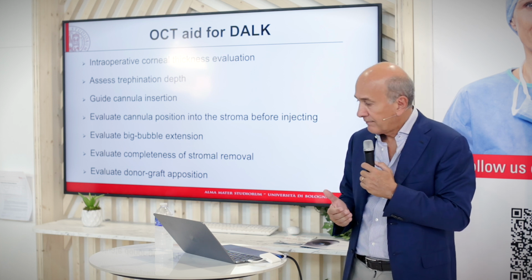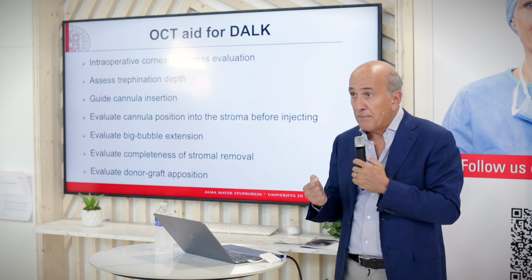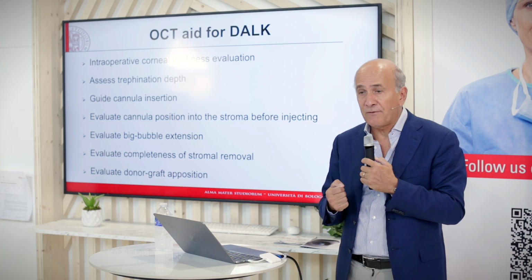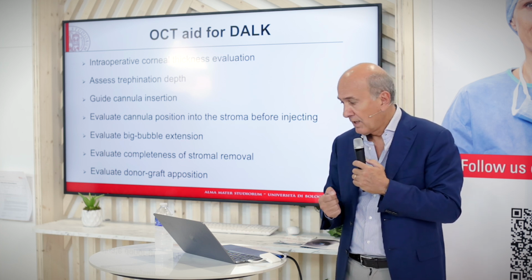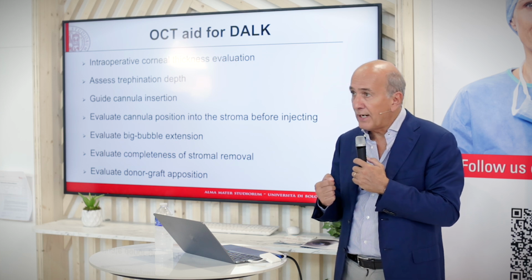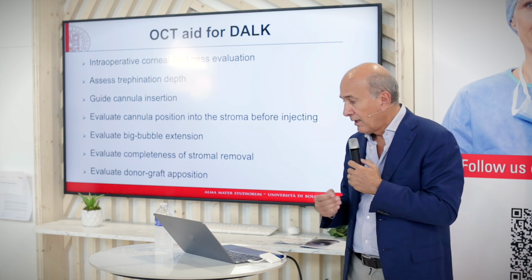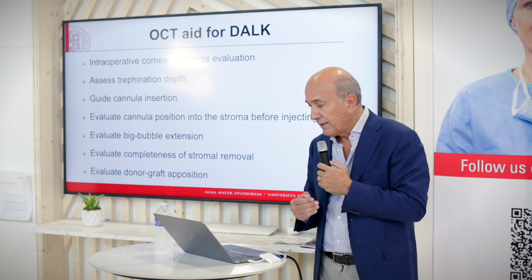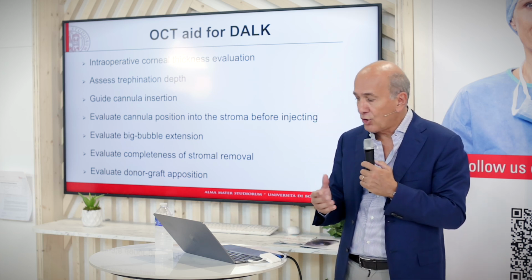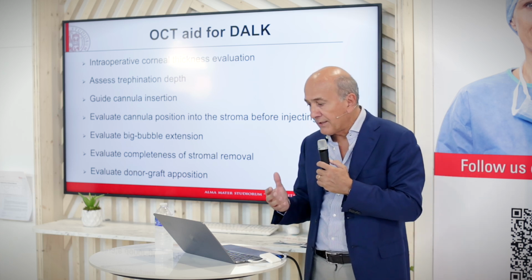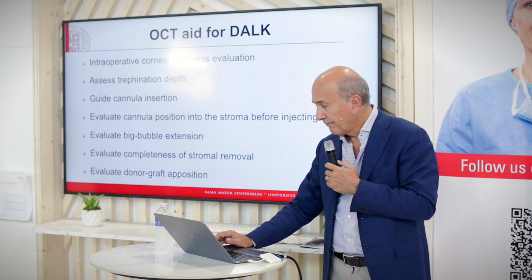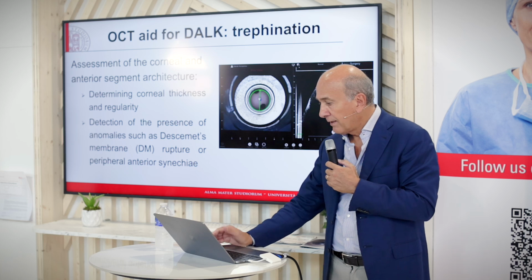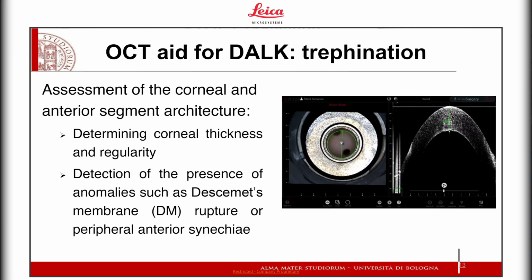Then it allows you to assess whether the trephination was deep enough, to the level that you planned, and also to guide the cannula inside the stroma, evaluate the position of the cannula, evaluate the big bubble extension, and also evaluate the completeness of the stroma removal and the donor-host position. I'm showing you all of this, okay? So this is assessment of the cornea and anterior segment architecture.